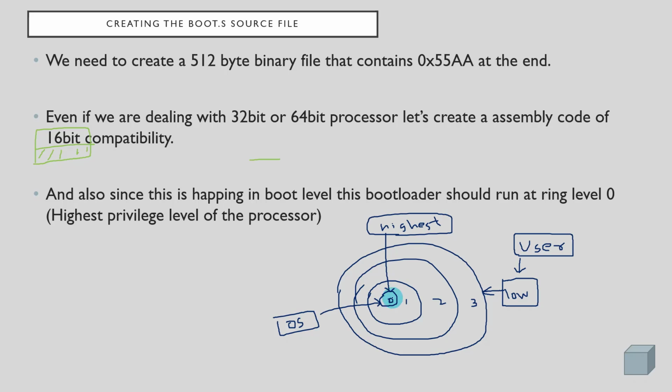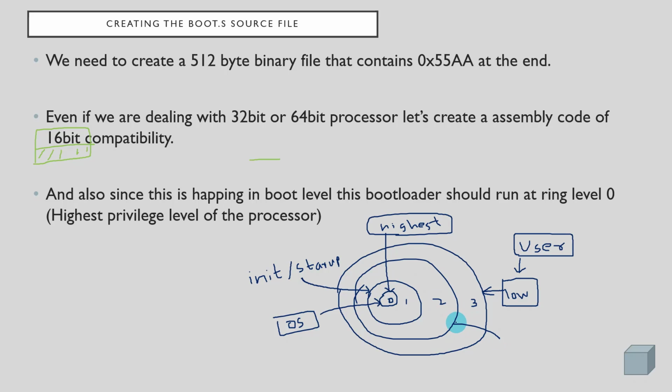Then there will be a process called the initial process, or init process, or startup process. This will be the very first user process run by the operating system, and it will be in ring level 1. So it has a lower privilege level than ring level 0.